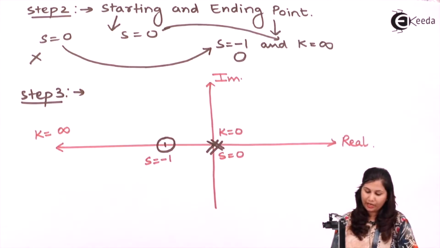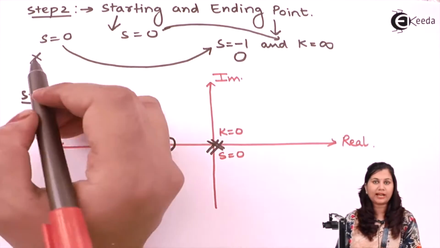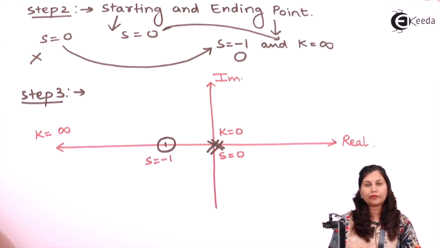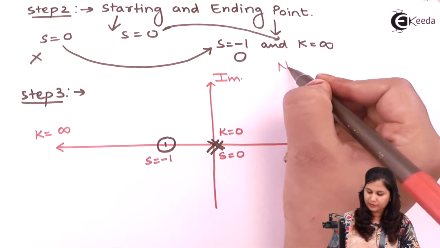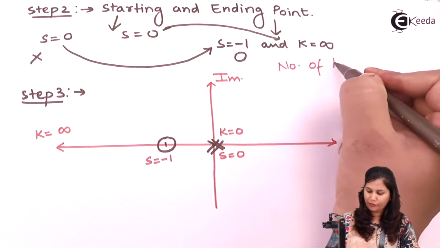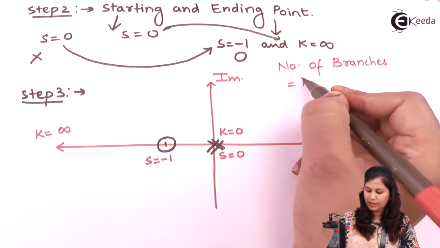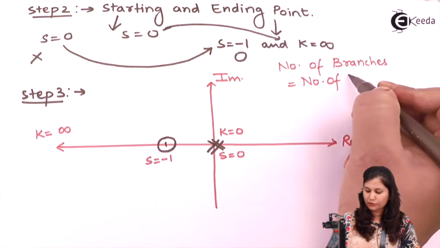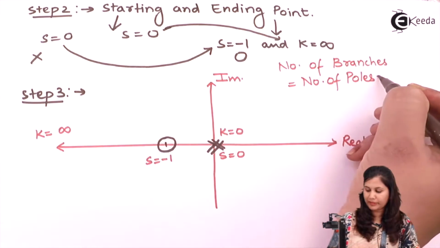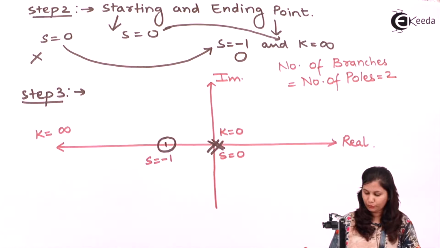There are two branches because we have two poles. The number of branches of the root locus is equal to the number of poles. So there are two poles, so there will be two branches of the root locus.